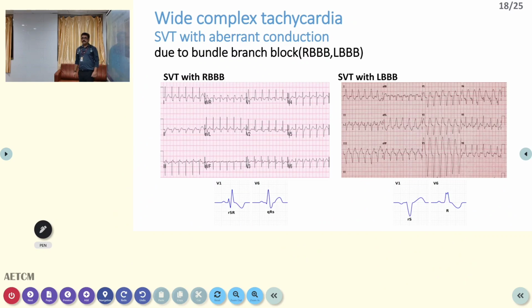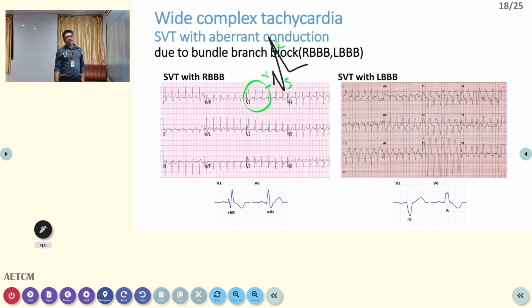Now, wide complex tachycardia can be due to either LBBB or RBBB. But remember, when you have RBBB with tachycardia, it follows the R, S, R dash pattern in V1. The R, S, R dash pattern in V1 typically tells you that this patient has RBBB.